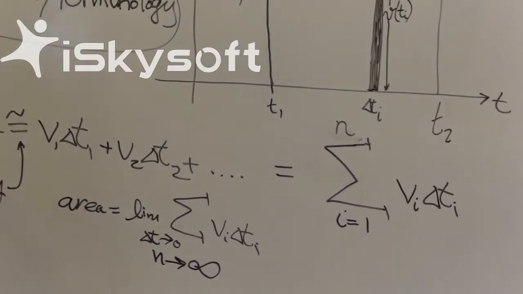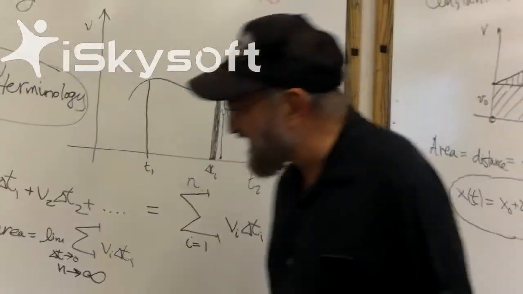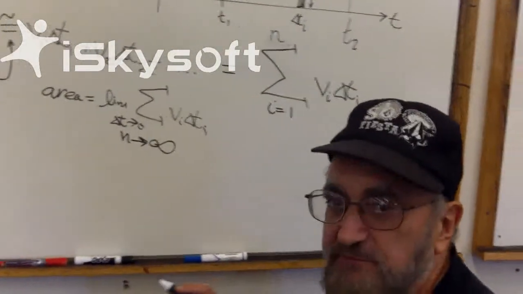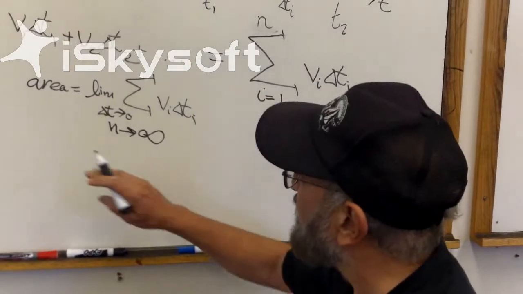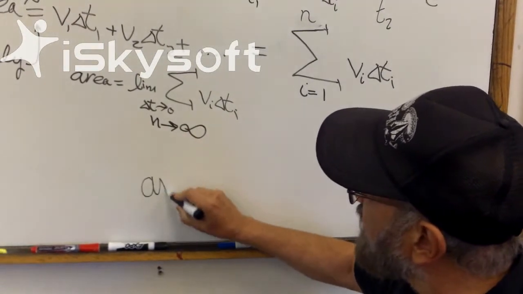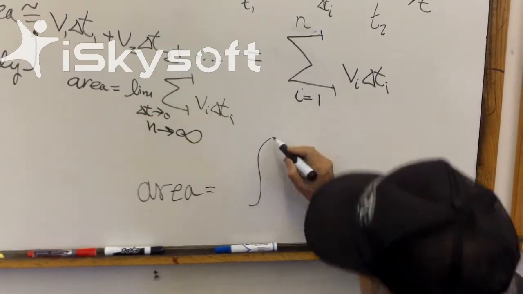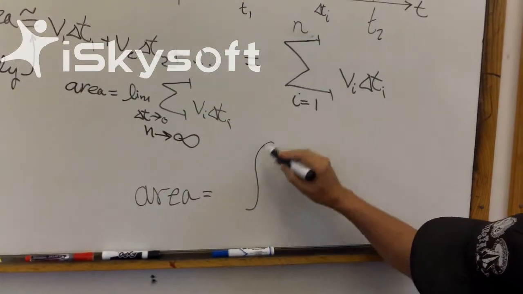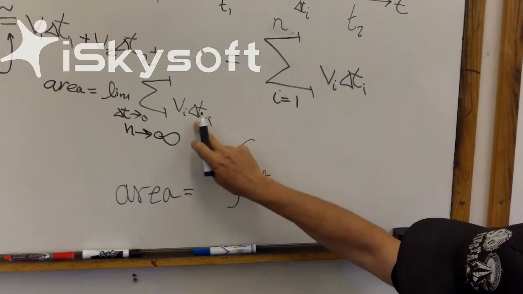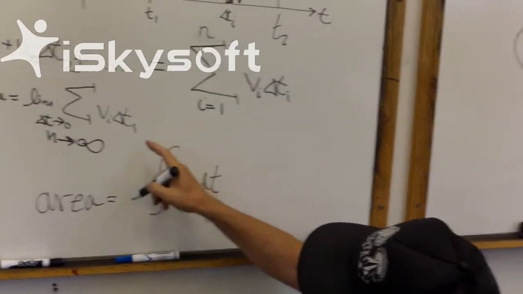Now there's a notation that if you've had a little more calculus, you are quite familiar with, and it's kind of a hybrid between Greek and Latin, both languages well known to the people who did this, and that is that the area is denoted as the integral. This is a distorted S for sum, of V, and as we did before in derivatives, dt instead of delta t.